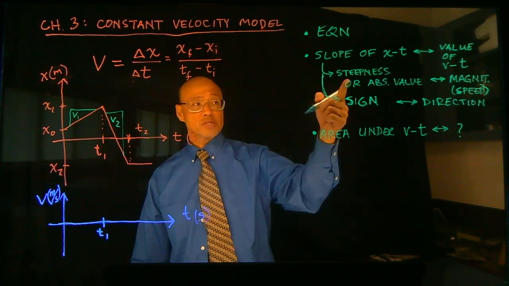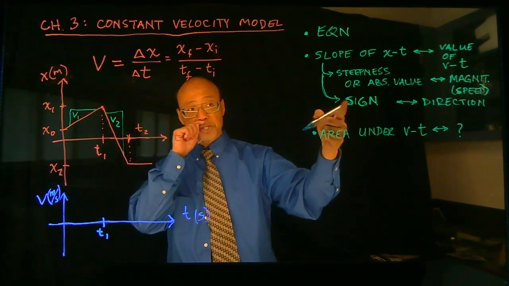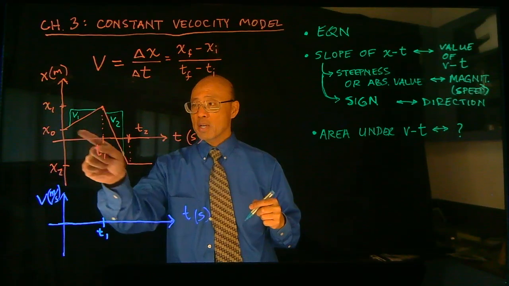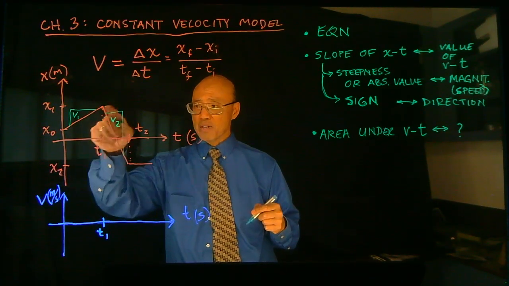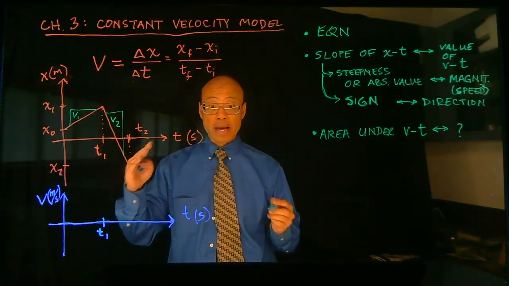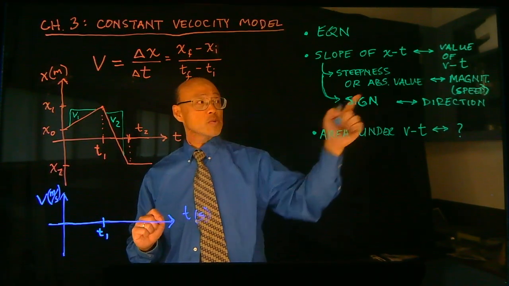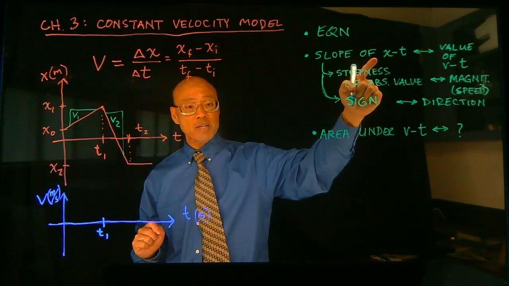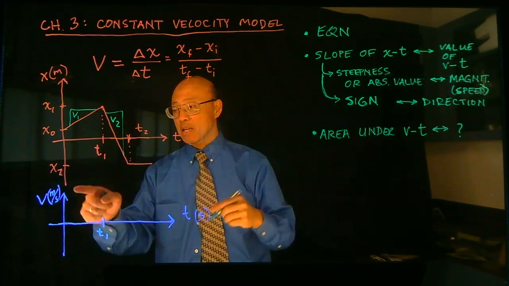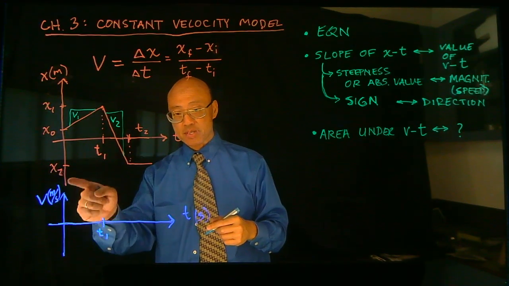If I have two, which one's steeper, this one or this one? Well, V1 is more shallow. V2 is really steep. So I would expect V2 to have a bigger magnitude. Also, V1's positive. So when we talk about the slope of xt being the value of vt, value means a number along the vertical axis.